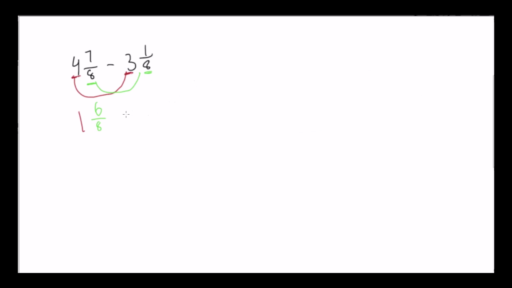Is that going to be our final answer? No, it's not. Well, we can bring the 1 over because it's 1 whole. And then we have 6/8, so we can divide both of those by 2. And we're going to have 3/4. 1 and 3/4 will be our final answer. That's what you should look for on the exam.